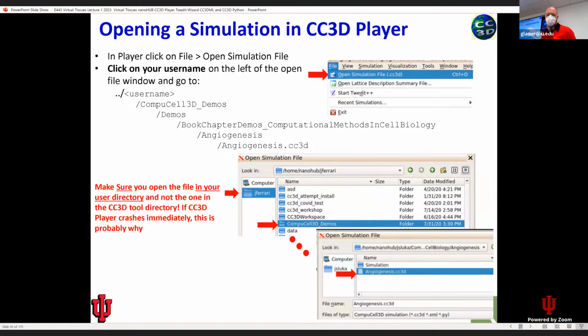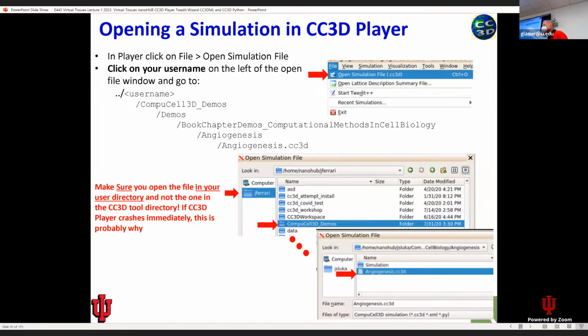I haven't gotten to the model name yet. So you click Open Simulation File, and you should get something that says Computer. Find the folder that has your username in it, open that, and it'll pull up a window called CompuCell CC3D demos. Open that. Inside of that, there are a lot of directory hierarchies.